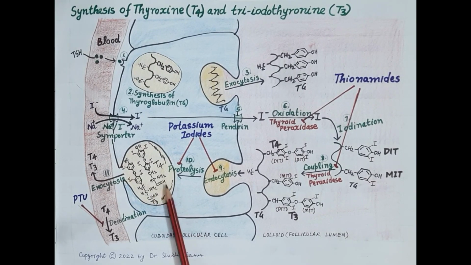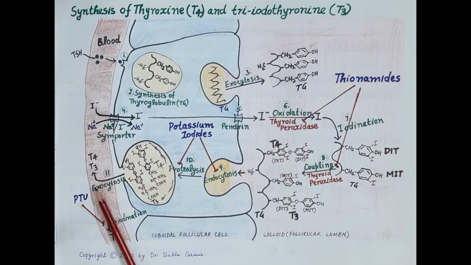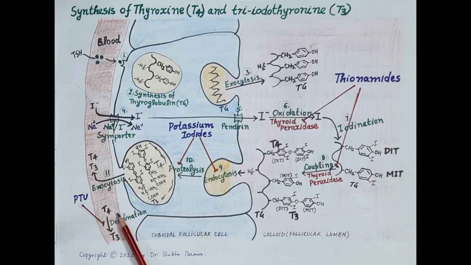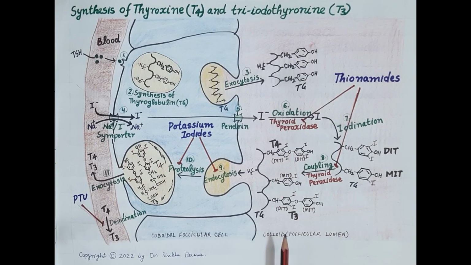And finally, T3 and T4 are secreted in the blood. Another important point, T4, as we have already discussed, is largely inactive, and the enzyme deiodinase removes one iodine from T4 and converts it to the active T3. So, T3 is the active thyroid hormone. So, this is how T4 and T3 are synthesized in the thyroid follicle, and finally they are released in the blood.